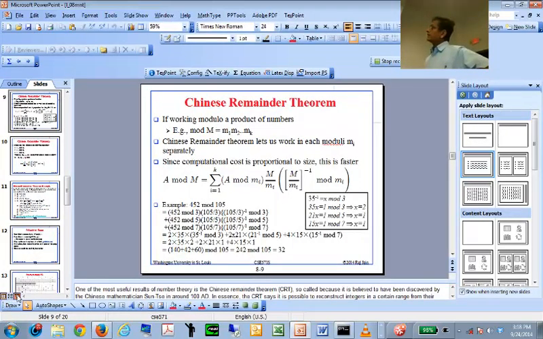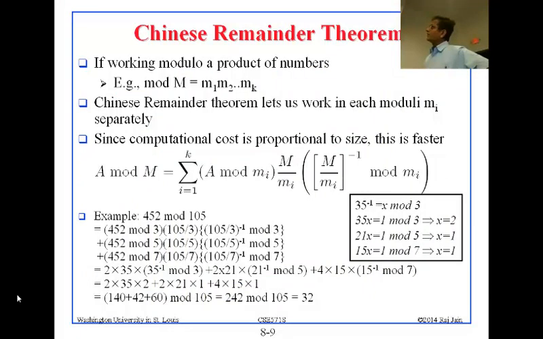You see, if you have factors M1, M2, M3, you could have as many factors as you want. For each factor, you do this mod first, and then the rest of the factors. Now, in our public key, we only have two factors, P and Q. You cannot have any more, right? So this is capital M, the total, divided by little m, which is just the other number: P times Q divided by Q. P in this case would be Q, and this is just Q inverse, mod P. Then you use the second one, and then you add those two numbers.